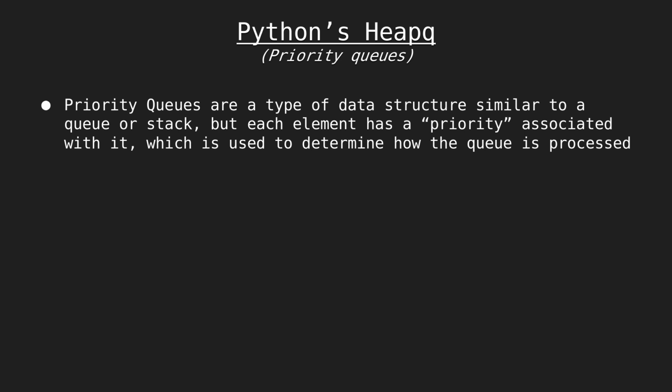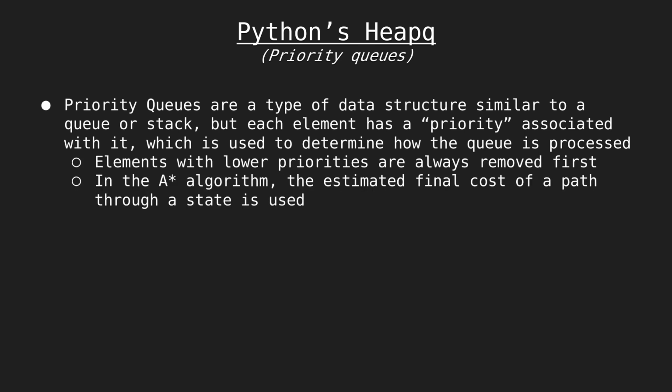Priority queues are abstract data structures where each element has a priority associated with it, and we use these in order to always get the node with the lowest ranking for our A-star algorithm. A priority queue is a list that is sorted in a very specific way, not unlike a tournament bracket from tennis or basketball.